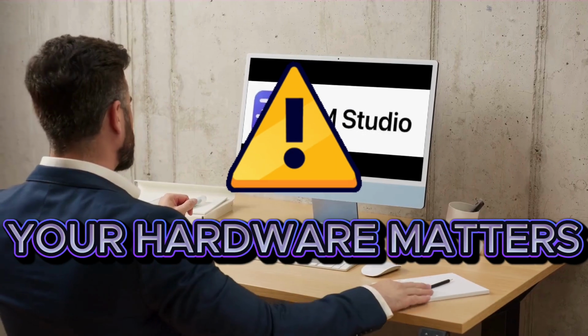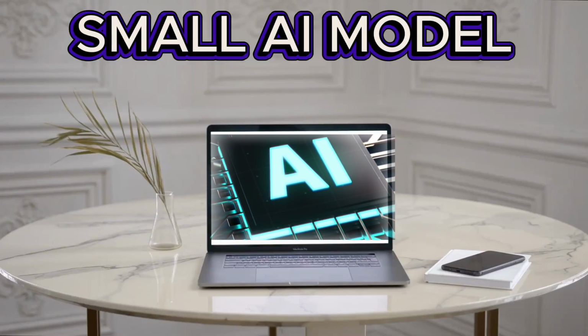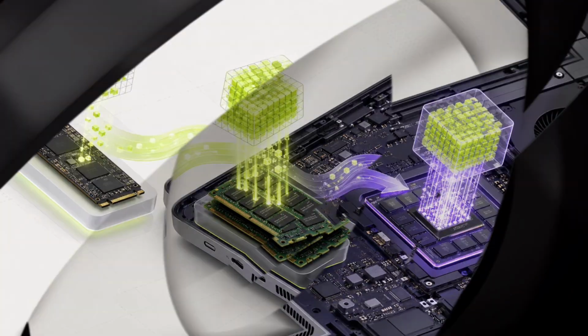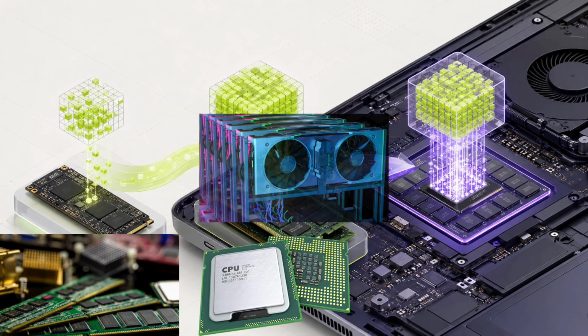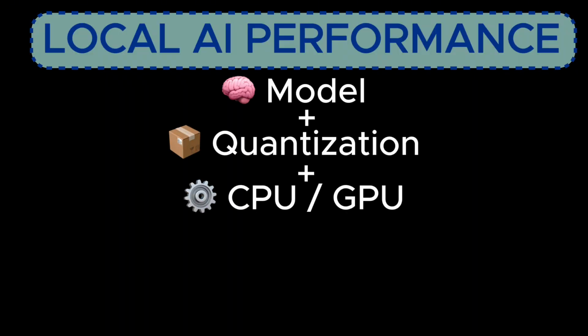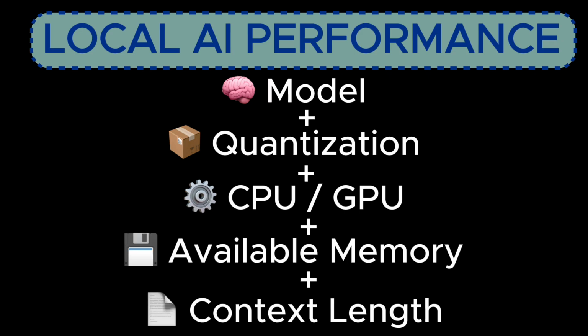But here's the catch. Local AI depends heavily on your hardware. Smaller models can run on modest machines. Larger models may need substantially more RAM, unified memory, or GPU VRAM. And actual performance depends on the model, its quantization, your CPU or GPU, available memory, and the context length you're using.